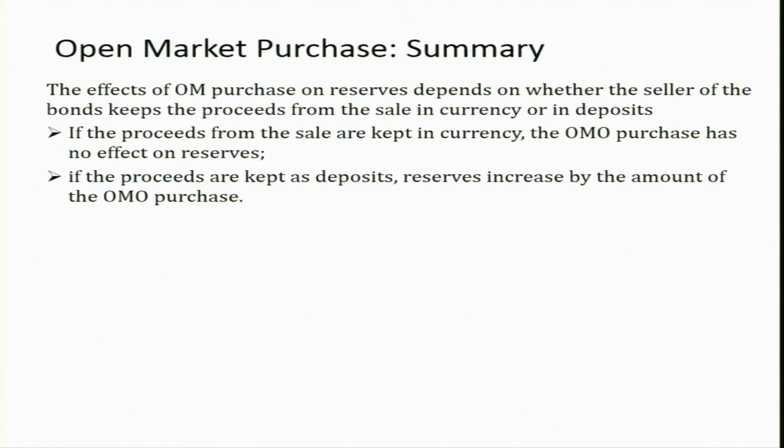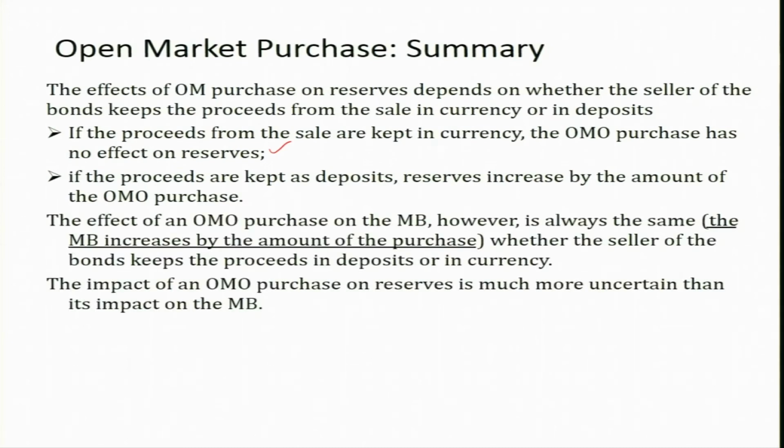So, this is the summary we can make: the effect of an open market purchase on reserves depends on whether the seller of the bonds keeps the proceeds from the sale in currency or in deposits. If the proceeds from the sale are kept in currency, the open market purchase has no effect on reserves, that is one point. And if the proceeds are kept as deposits, then the reserves increase by the amount of the open market purchase.